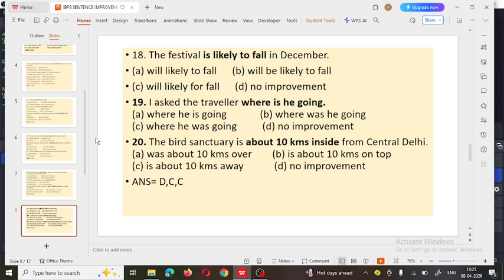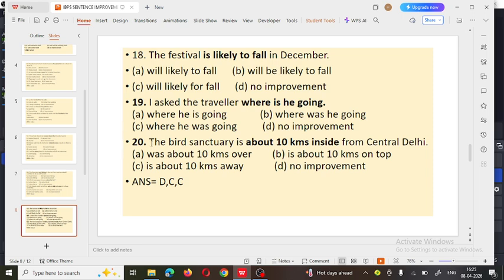So option C is correct here: I asked the traveler where he was going. Remember, friends, when we have a sentence in indirect narration, we need to change the question form and make the sentence in assertive form.